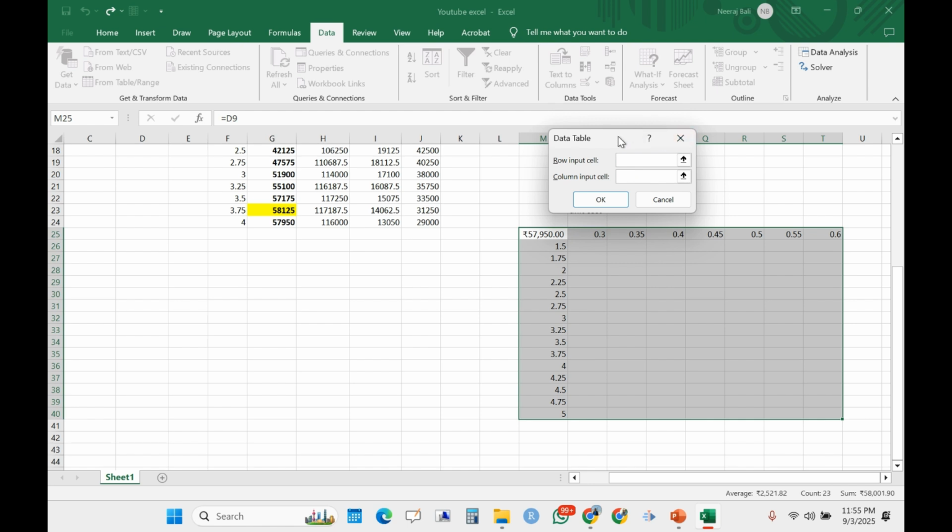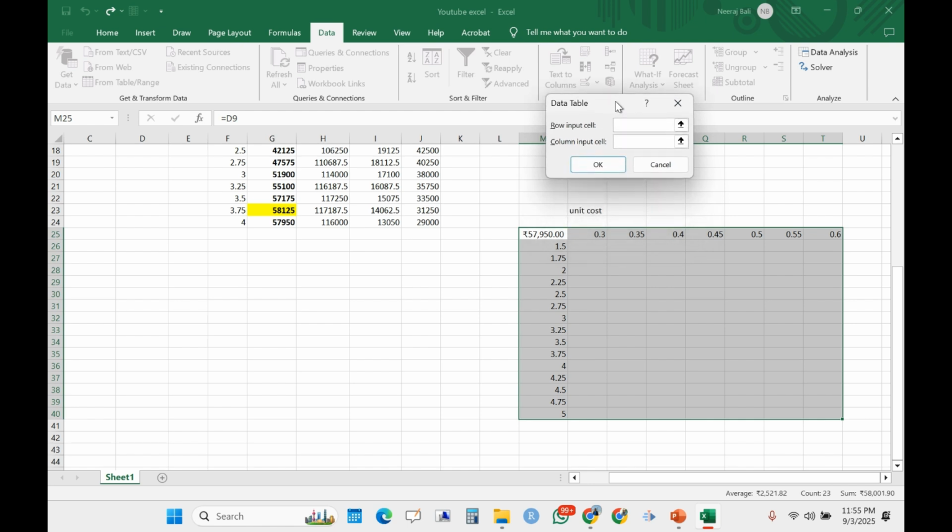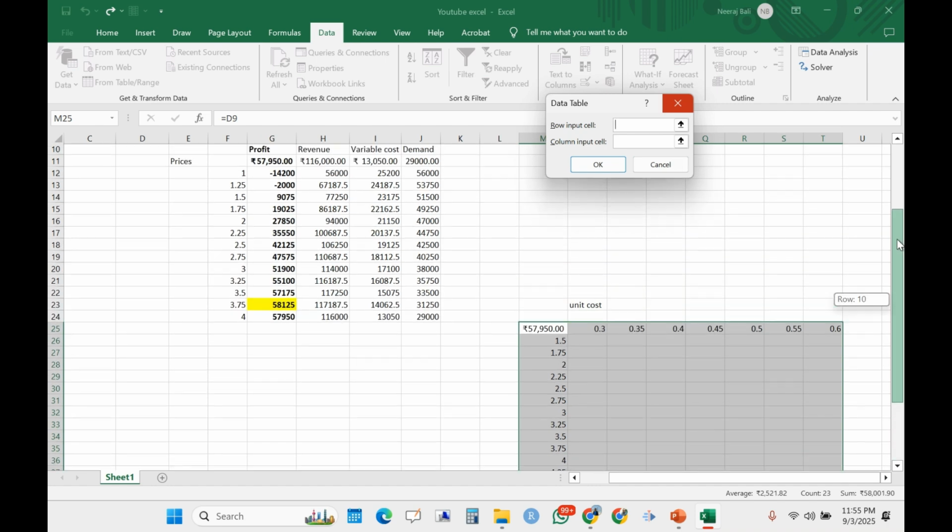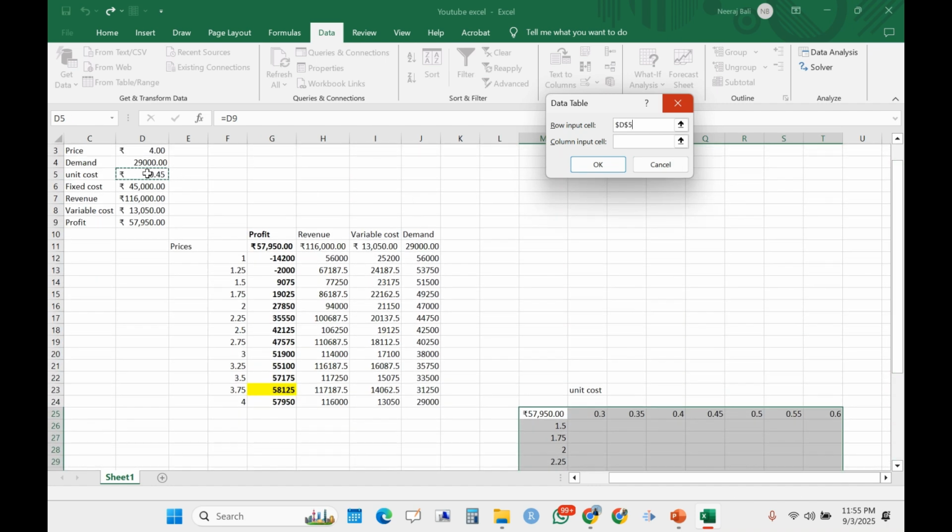Now this is important. In row, what we are changing? Row input cell. What is changing in row? What is row? This is row. We are changing unit cost. So what I will do, I will select unit cost from here, which is D9.